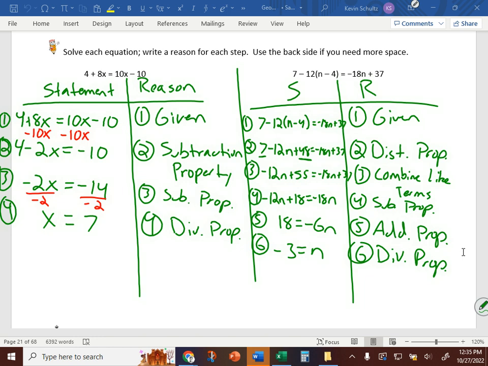Now, Lexi, I'm going to pick on you a little bit here. The way that she worded that, she put n equals -3. Because we moved our n's all to the right side, when we do that final step of dividing by -6, we have to keep our n's on the right side. There's another property that we haven't learned about yet that allows us to move the n and to switch that.